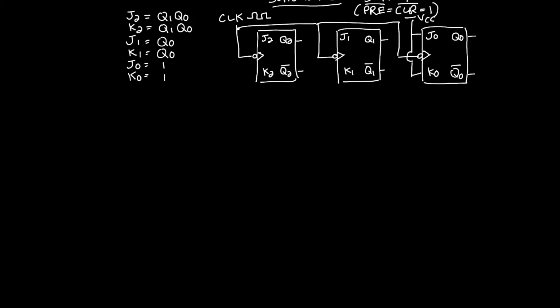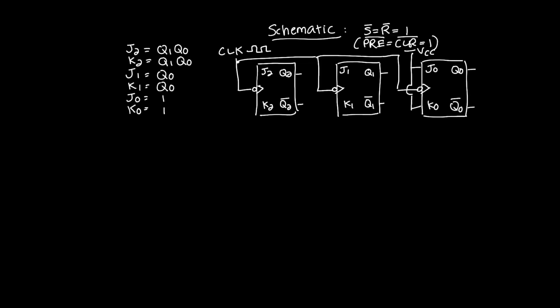Now, J1 and K1 over here, J1 and K1 are just wired to Q0. J2 and K2 are also the same, so they're wired together, and they're wired to the ANDed output of Q1 and Q0.